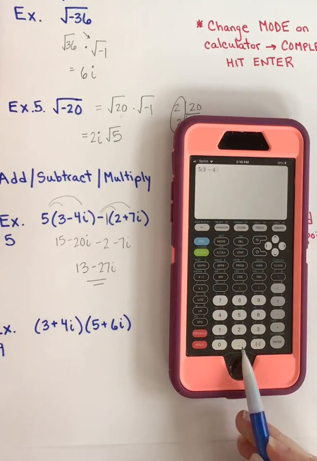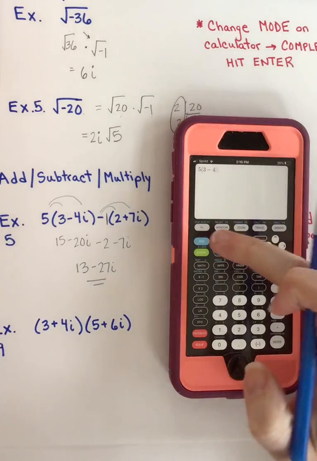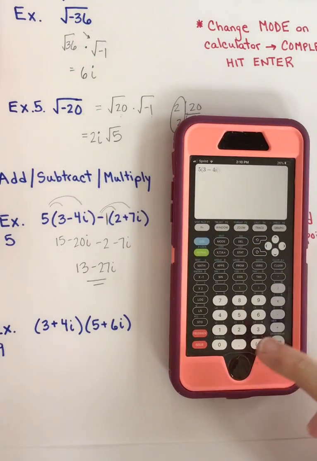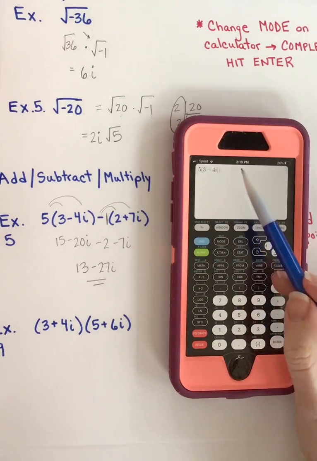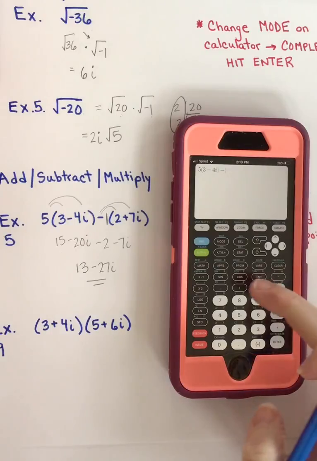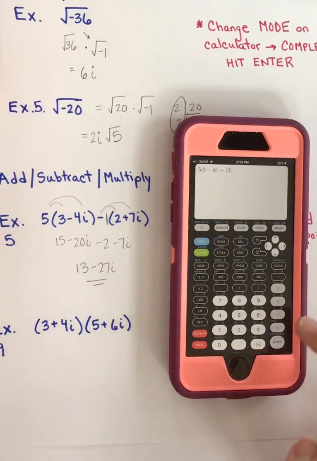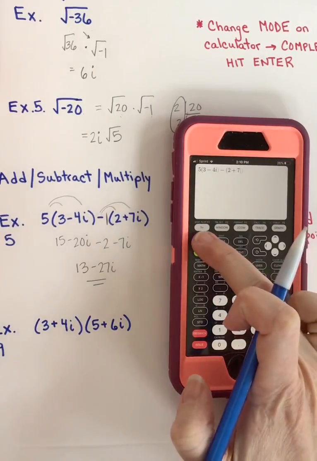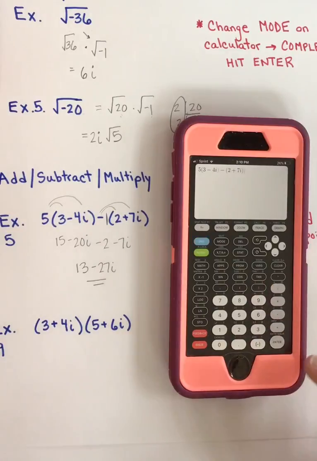The i is located right above the decimal point. So we're going to have second i. If you want to scooch out of those parentheses, you're going to use your right arrow, just like you're used to using on the calculator, minus, safety first, parentheses, 2 plus 7. Put in your i. OMG. 13 minus 27i. Looks like my calculator is doing pretty well also.